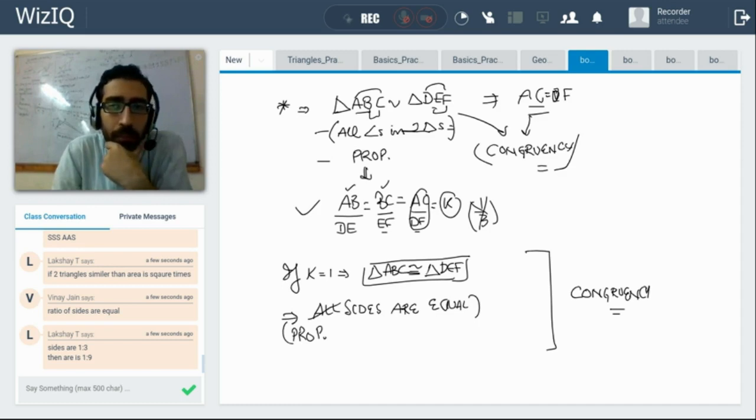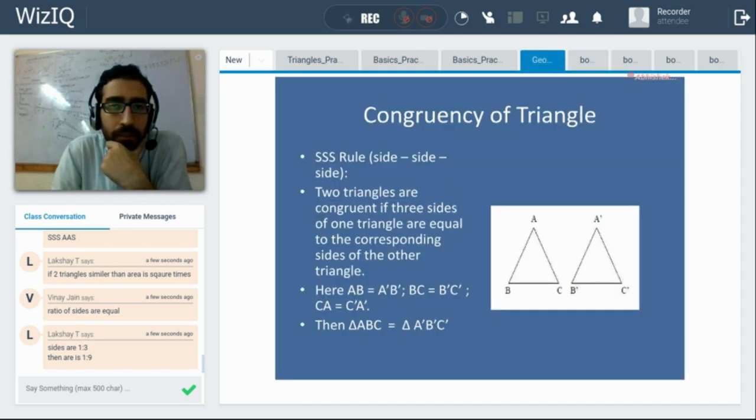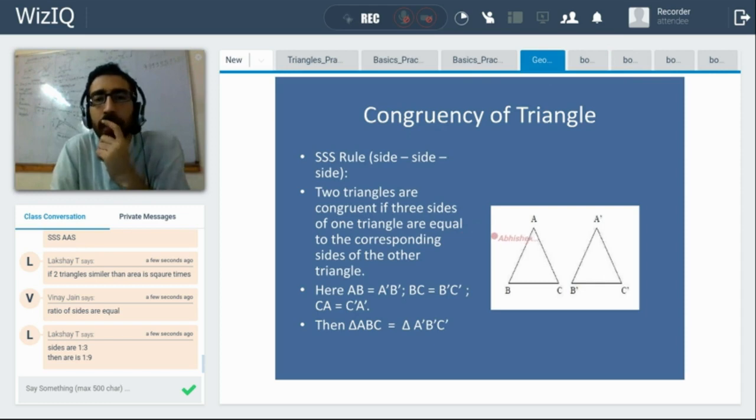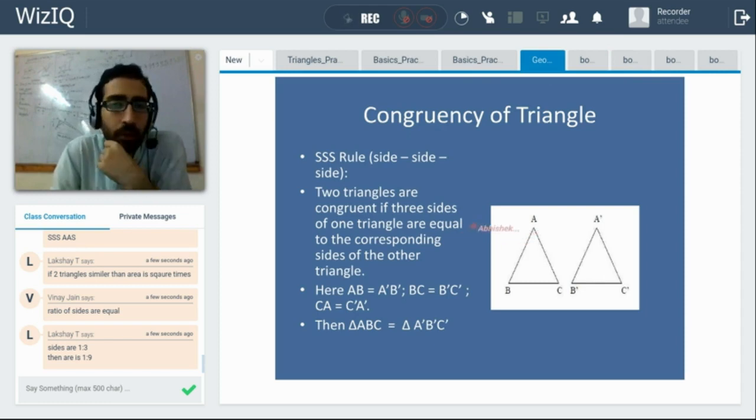Okay, let me jump back. So the three types of congruency, important types of congruency are: number one, SSS. If all three sides of a triangle are equal, proportional sides are equal, and the triangles are congruent.